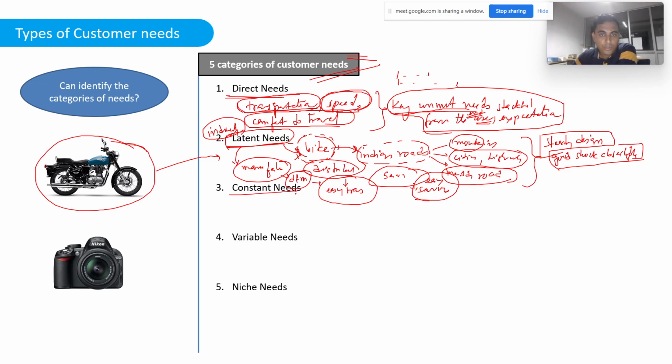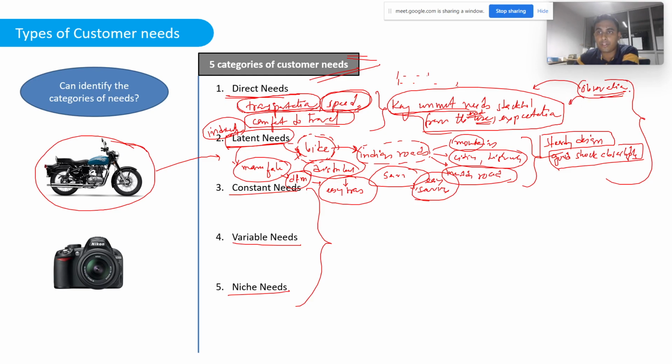Okay, so do you know constant needs, variable needs, and so on? No. Okay, so there is a difference between these kinds of needs and the first two needs. The first two are mostly dependent upon your observation, the way you observe a particular use case scenario or identify a problem.